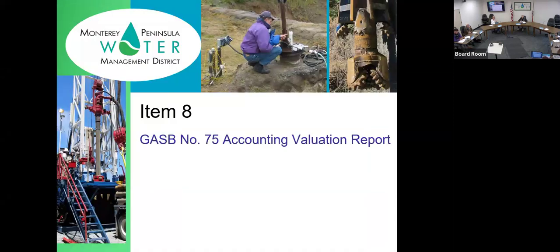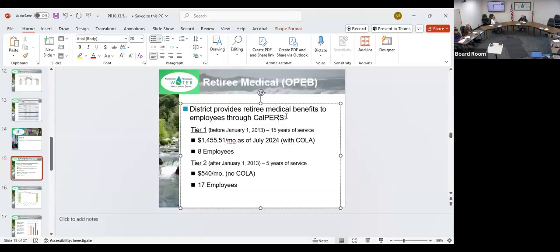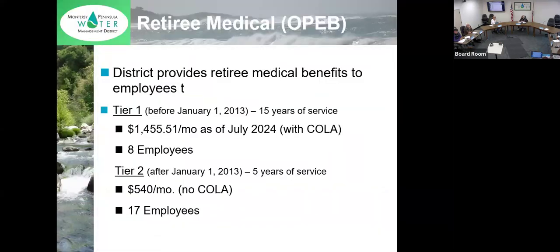So GASB 75, accounting valuation report for retired medical in our case. Where does the retired medical liability come from? It comes from these benefits that the district provides. It shouldn't say CalPERS. Sorry, just going to make the correction in real time.